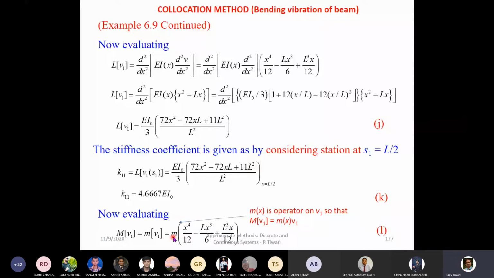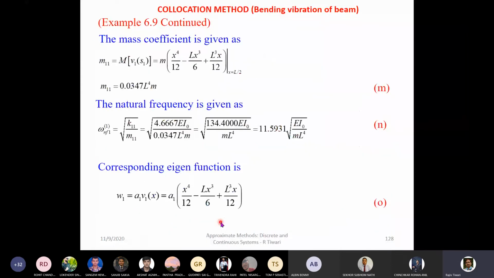This should be Mx, and this is V1. The distribution of Mx is given in the problem, and we substitute it to get the mass coefficient. Now here, for S1, we put x equal to L by 2. Instead of the previous integration, we are just substituting the location of the station which we have chosen.